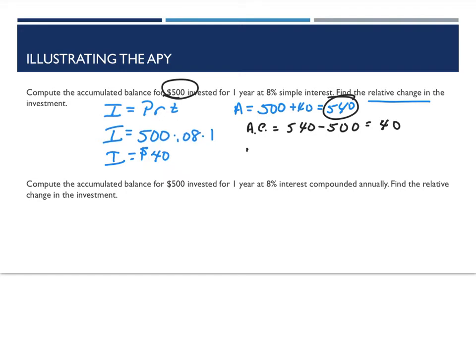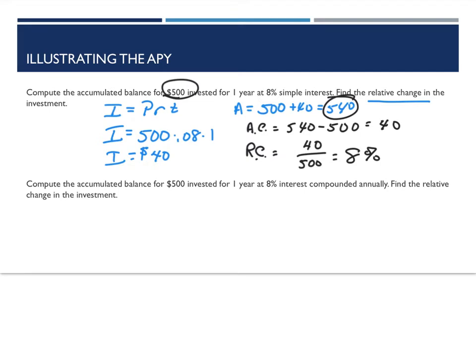The only reason we needed to do that is because to find the relative change, we know the $40 was the difference. Which do we divide by? The reference value is the 500 because it came second in the subtraction, and that means the relative change in the investment over 1 year was 8%.